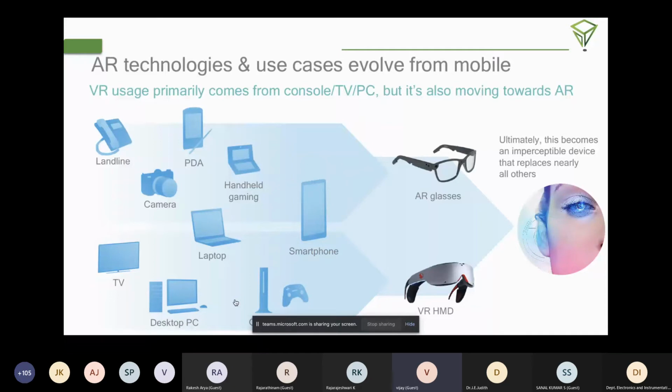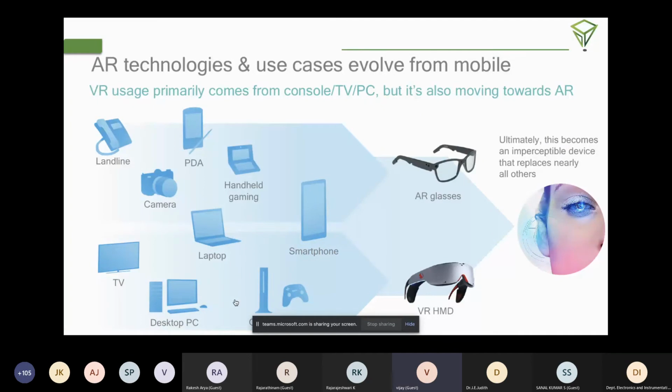Through the years, 20 years, we came to smartphone. Same way, TV, desktop. All those learnings, the same companies are the same guys who are building the AR VR headsets. Hence, the evolution time frame is going to be a lot faster in AR VR.